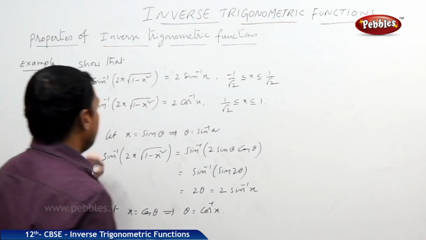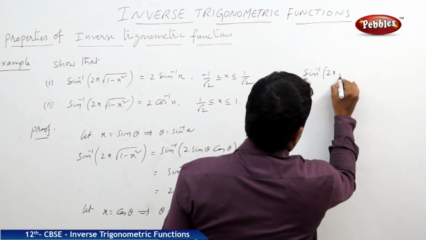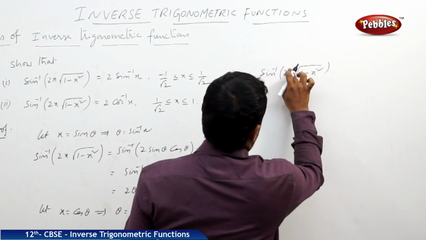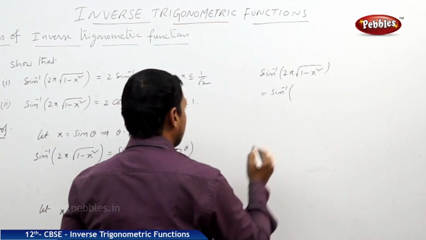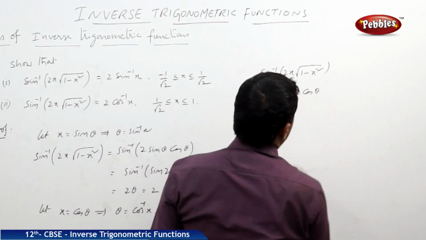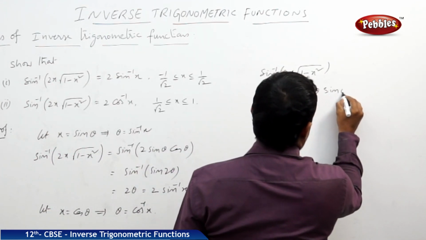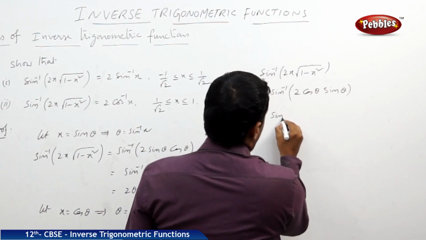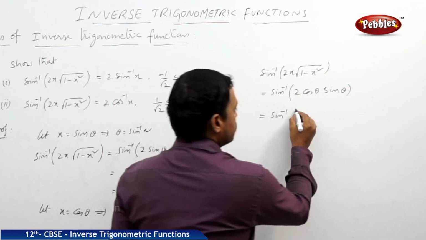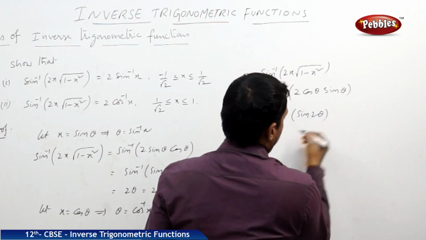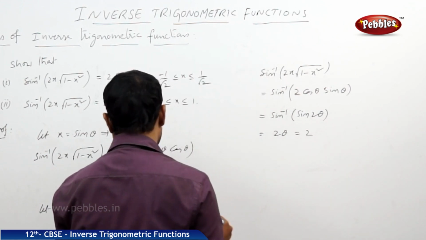Now, here also we consider sin inverse of 2x root of (1 minus x²), which is sin inverse of, put x is equal to cos θ here, 2 cos θ into root of (1 minus cos² θ), nothing but sin θ. 2 cos θ sin θ, nothing but 2 sin θ cos θ, is equal to sin 2θ. Now, sin inverse of sin 2θ is equal to 2θ, 2 into θ, where θ is equal to cos inverse x.